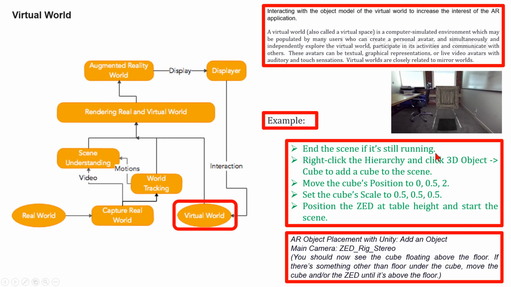And the screen, if it's still running, right click the hierarchy and click 3D object, then cube to add the cube to the scene, and move the cube's position to 0, 0.5, 2. Set the cube's scale to 0.5, 0.5 and 0.5. Position the Z at table height and start the scene.